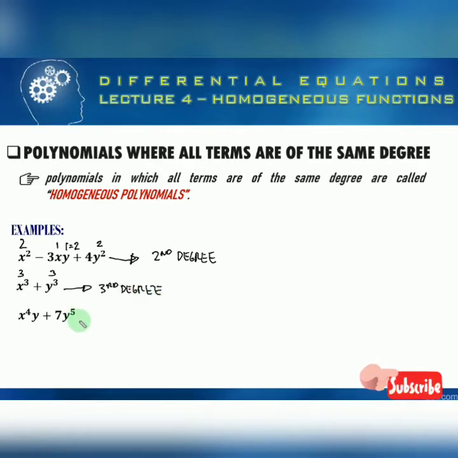For our last example, the first term is x to the fourth y, so we have 4 for the x and 1 for the y, and if you sum these up it is 5. The second term is also degree 5, so this is again a homogeneous polynomial, of the fifth degree.